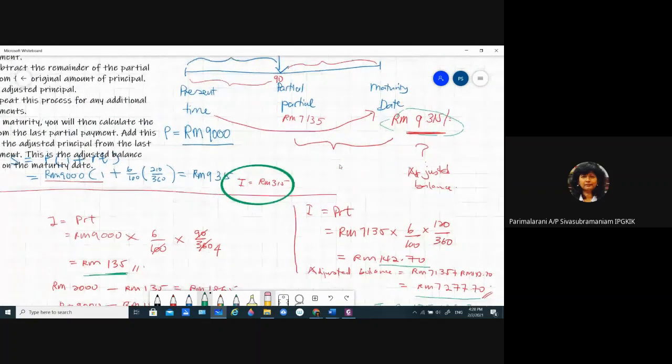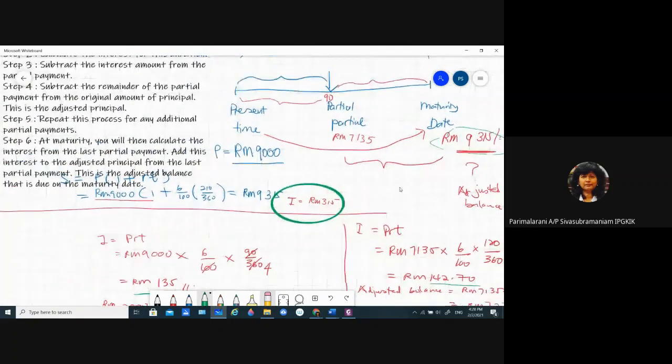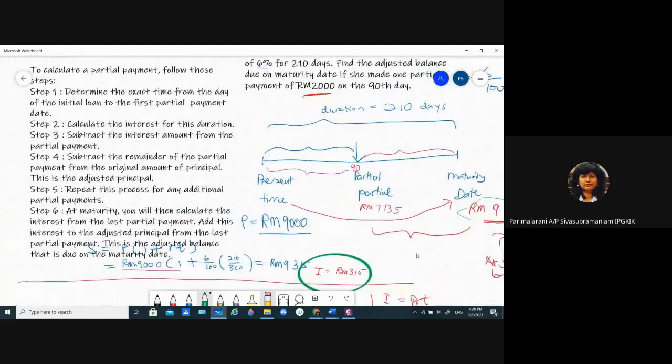Do you understand this calculation? So these are the steps here. First, you determine the exact time from the date of the initial loan to the first partial payment. Then you calculate the interest for this duration. Subtract, this is very important, you subtract the interest from the partial payment first, and then when you have the remainder money, only then you subtract from the principal, and this is your new adjusted principal.